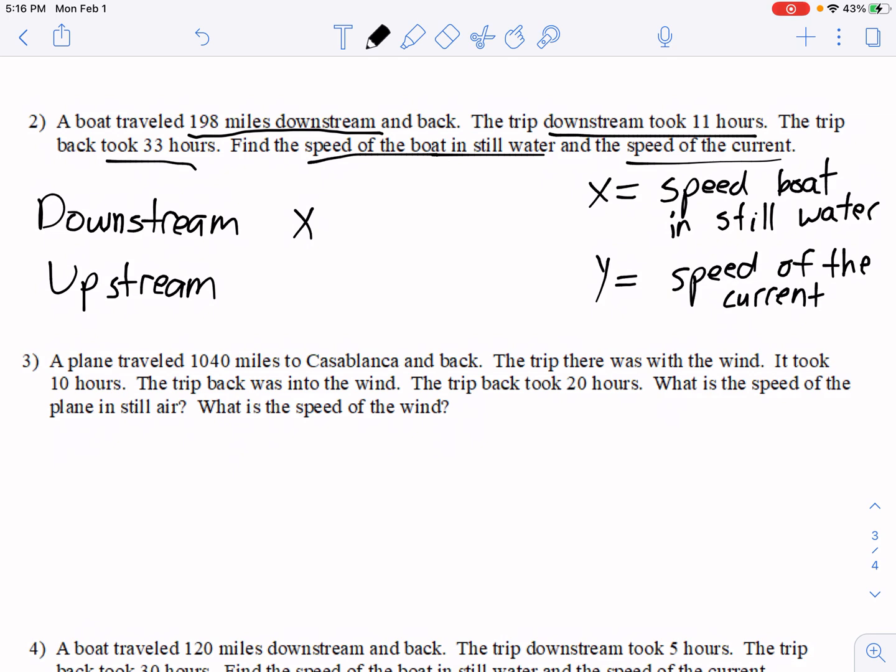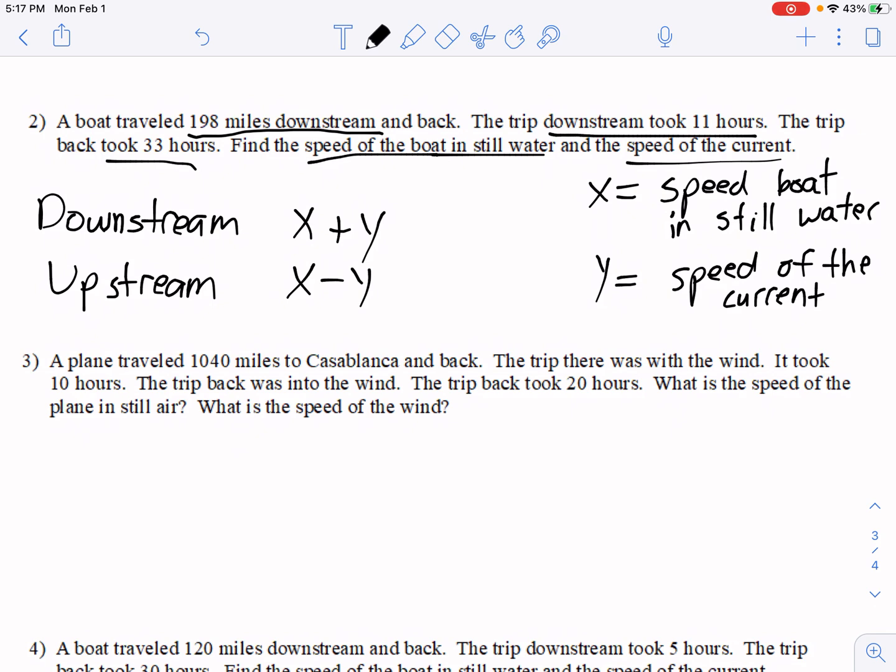That's what it's going in still water. But when we move downstream, the current adds to our total speed. We're moving faster. Then when we turn around and go upstream, whatever the boat's going in still water, the current is now going to fight against us, and it's going to take away from our speed.